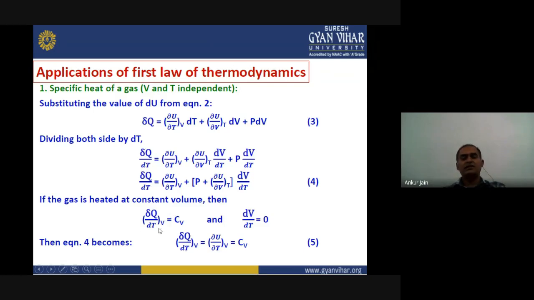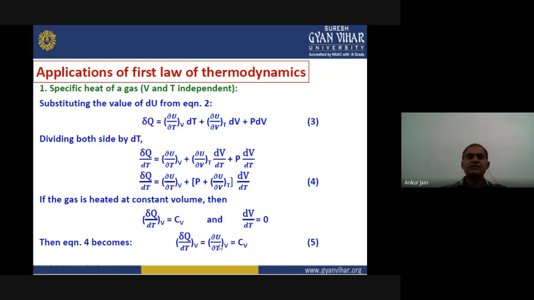So we can write this as Cv, and since the volume is constant, this dV upon dT will become 0. If we put these values in equation 4, del Q upon dT at constant volume equals del U upon del T at constant volume equals Cv, because this term becomes Cv and this term becomes 0. That means we can write this value ultimately as Cv, right?